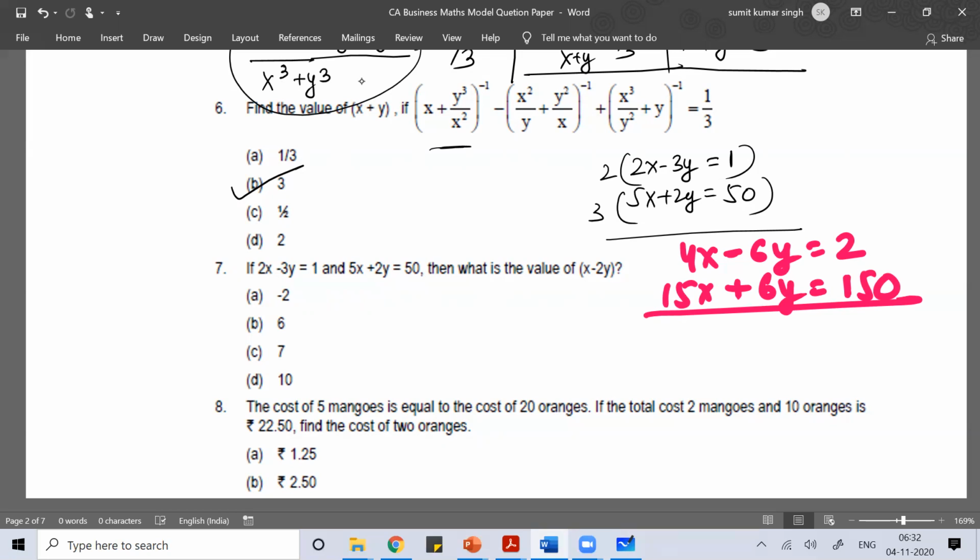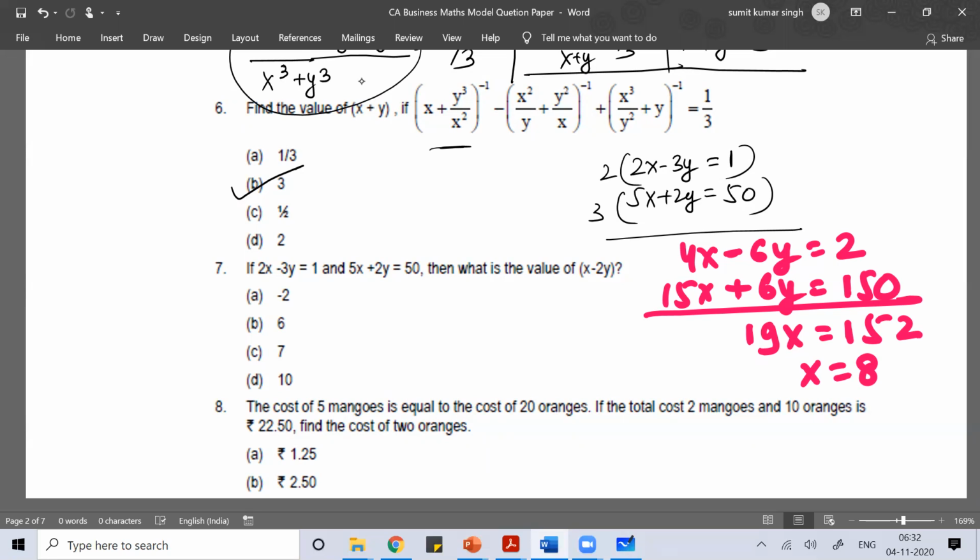So I can say 19x is equal to 152. The value of x you will get is 8. Once you get the value of x equal to 8, I can put this value in any equation. So x is equal to 8.